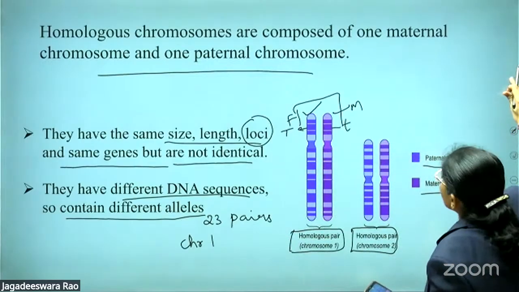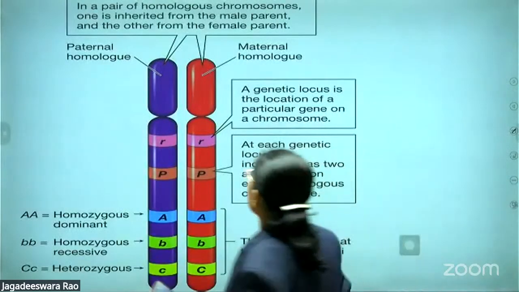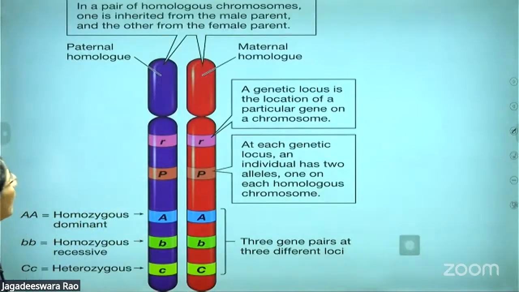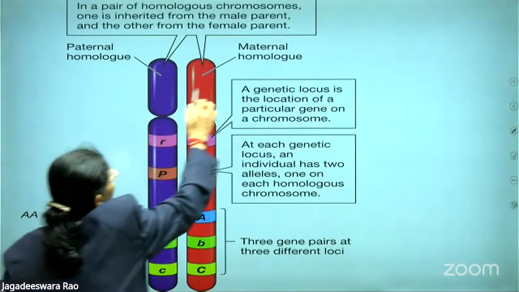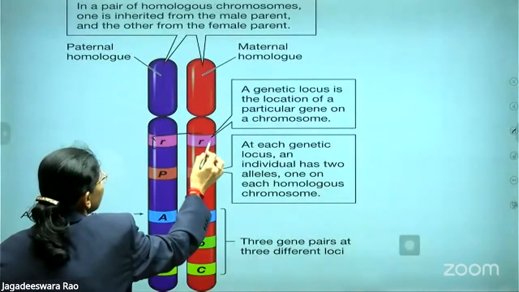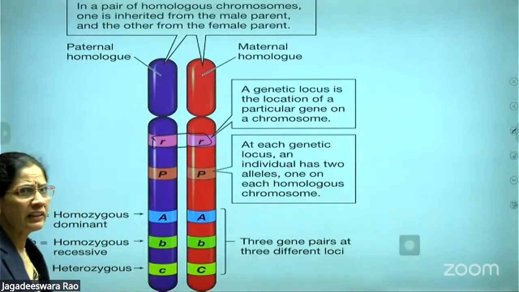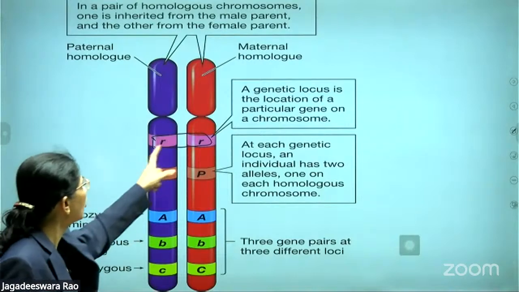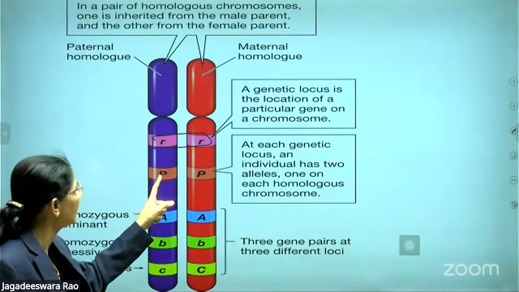Now, in a pair of homologous chromosomes, one is inherited from a father, one from a mother. I already told, paternal homologue and maternal homologue. Here you can see the genes representing the color. Both are recessive here, that means homozygous condition.